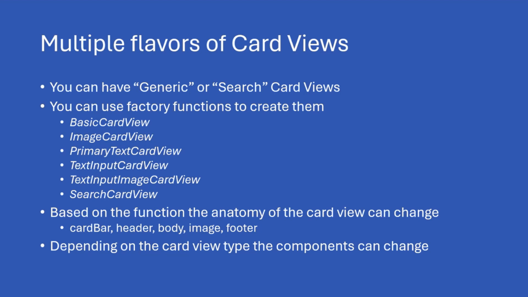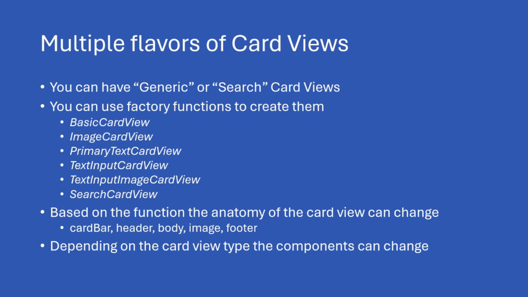When you create the card views in SharePoint Framework, you can rely on a set of predefined factory functions, which will allow you to create different flavors of layouts for your card views, depending on what you want to achieve as your own goal. So you can use the basic card view, the image card view, the primary text, the text input with image, and the search card.